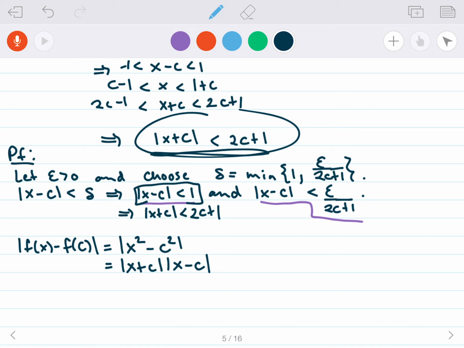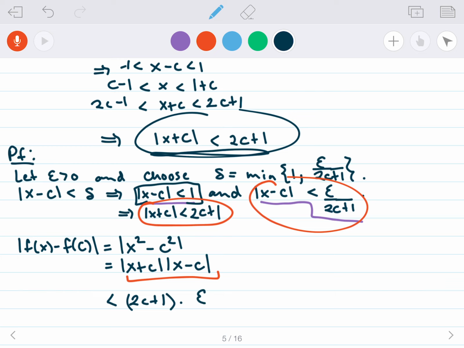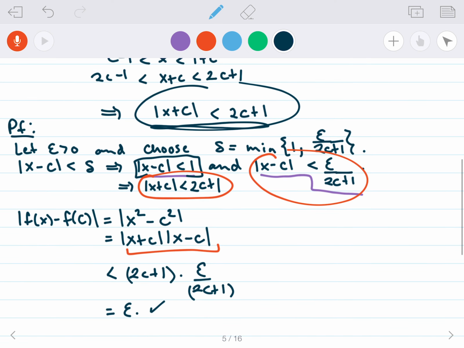So putting this and this together in our proof down here, we get that this is less than 2c plus 1 times epsilon over 2c plus 1, and of course this is equal to epsilon. And so f of x equals x squared is indeed continuous on 0 infinity.